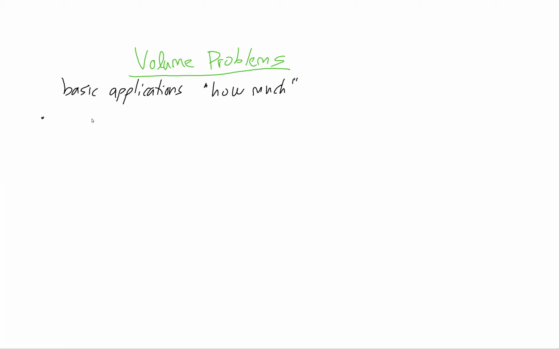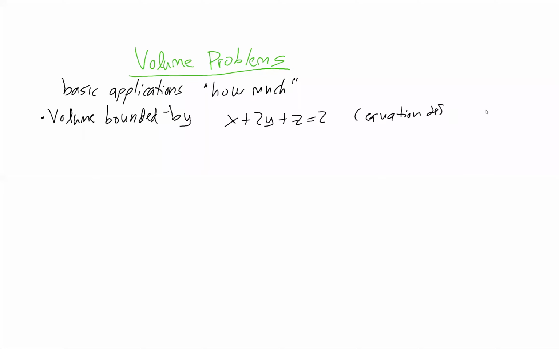So let's take a volume bounded by 4 surfaces. x plus 2y plus z equals 2, they'll give you some equation defining the surface. And they might give you another surface like a plane.